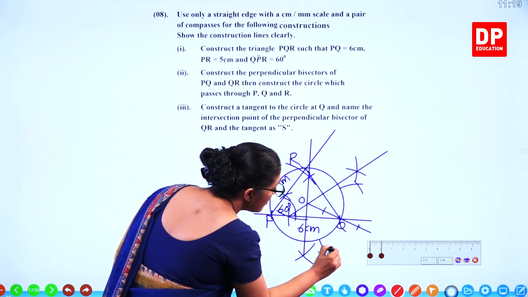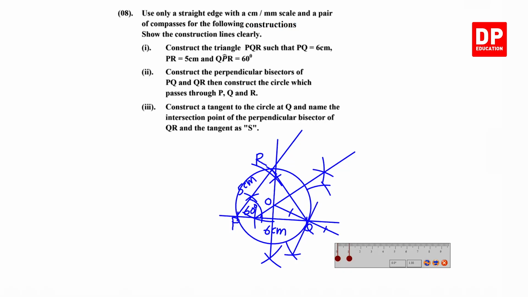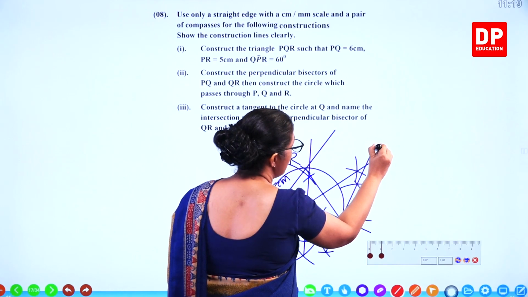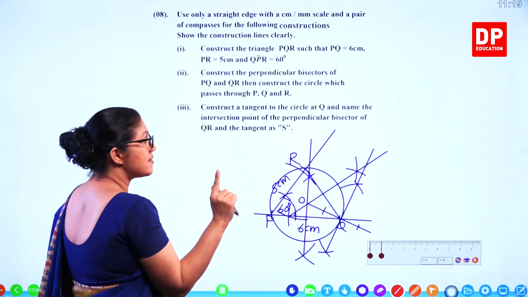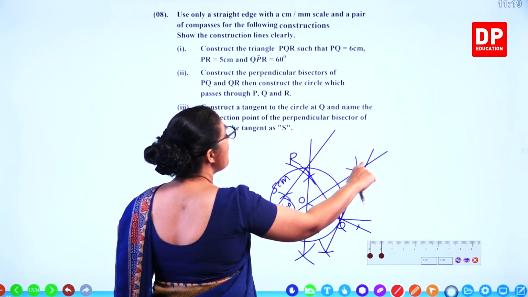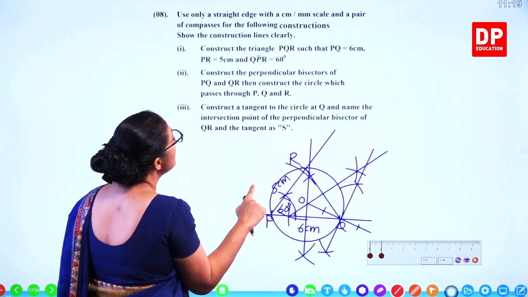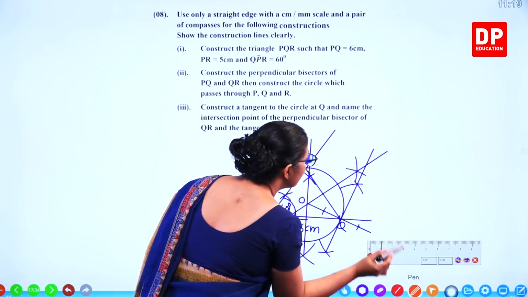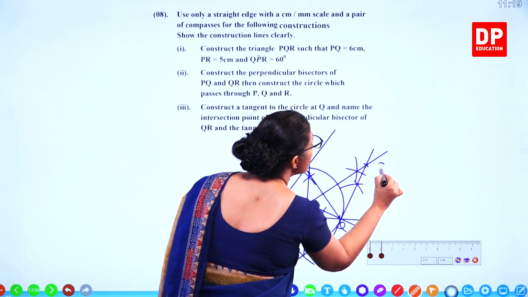So that's the tangent line, and the intersecting point of the tangent line and the perpendicular bisector is S. This point is S.